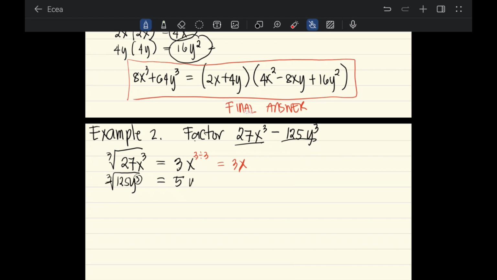So, that becomes y. So, 3 divided by 3, that is 5y. So, this is the cube root of the first term. 5y is the cube root of the second term.